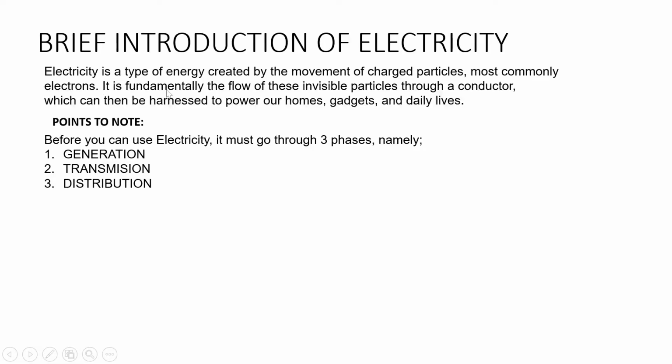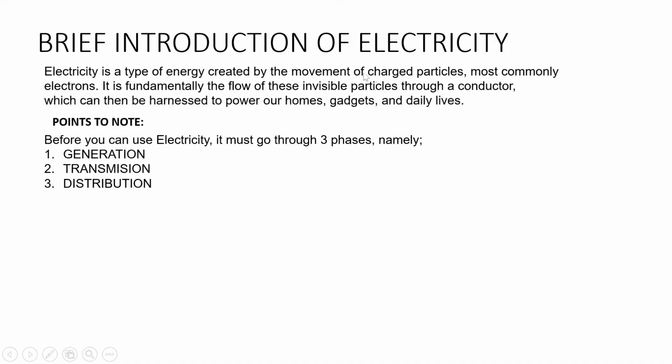So if we go through this definition again, what can you see? You see that it says electricity is a type of energy created, meaning that it must be what? Generated. So created by the movement of what? Charged particles, most commonly electrons. It is fundamentally the flow of these invisible particles through what? A conductor.